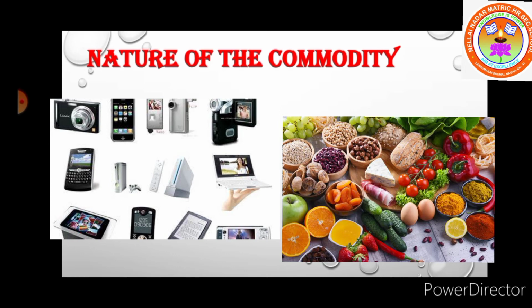When they get higher prices, larger supply is possible. The elasticity of supply of durable goods is high, but perishable goods like fruits and vegetables are to be sold immediately. So perishables have low elasticity of supply.